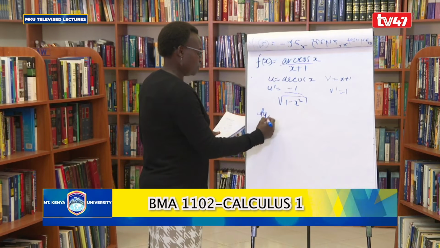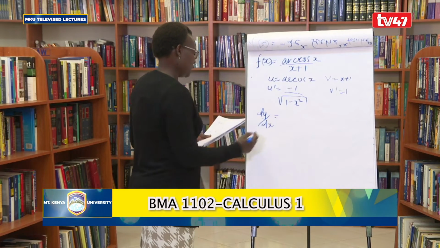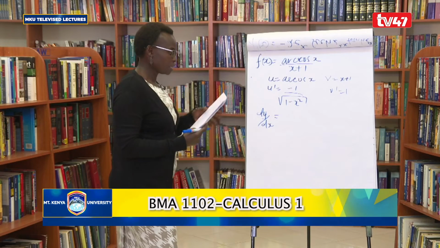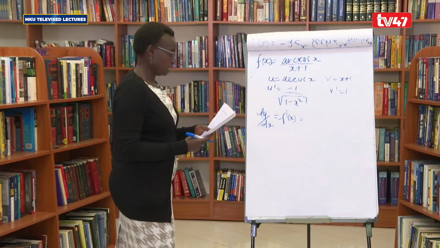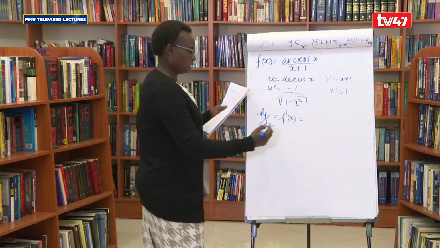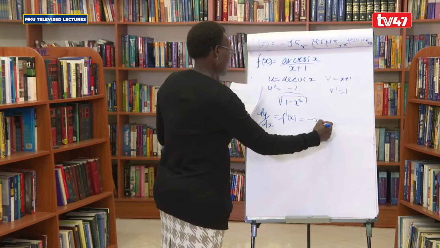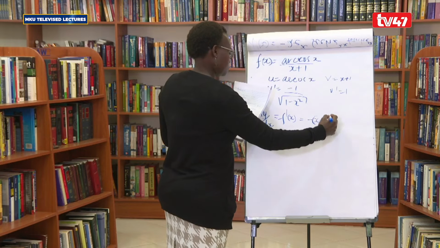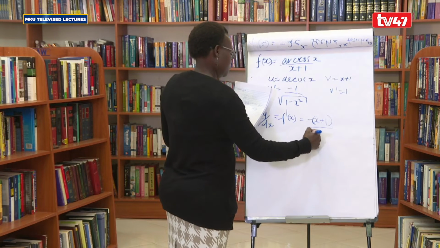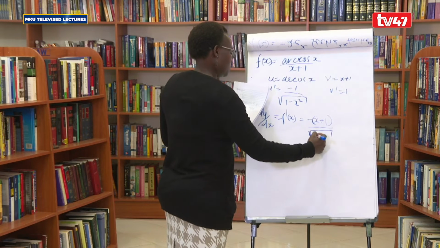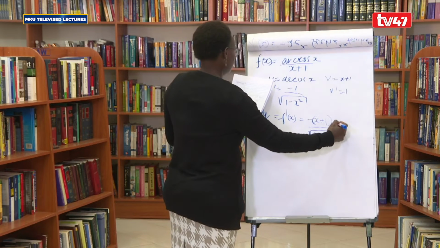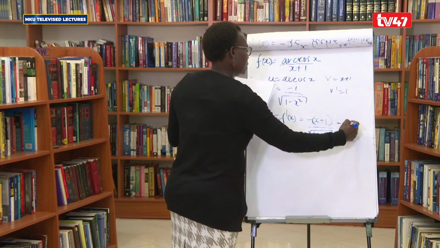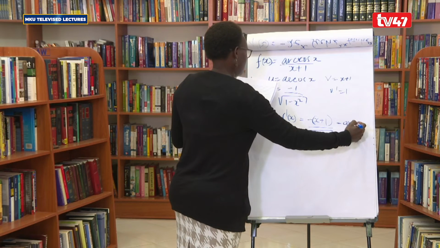Once we have our u bar and our v bar, we can go ahead and find our derivative. So this is f bar of x. We can title it either way. So this will give us negative x plus 1 over root of 1 minus x squared, and then minus arc cos of x.